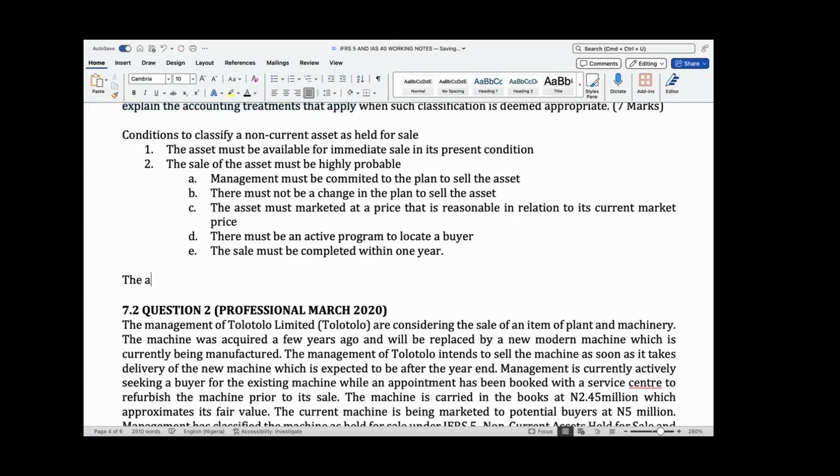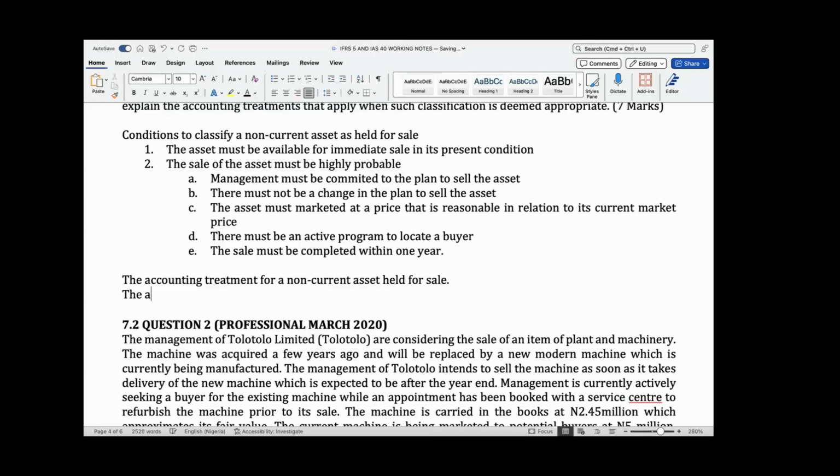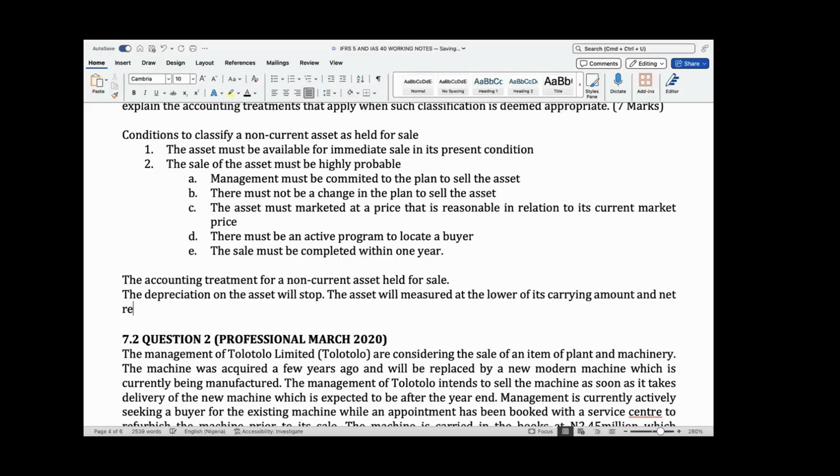So the accounting treatment for a non-current asset held for sale, number one, is that the depreciation on the asset will stop and the asset will be measured at the lower of its carrying amount and net realizable value.